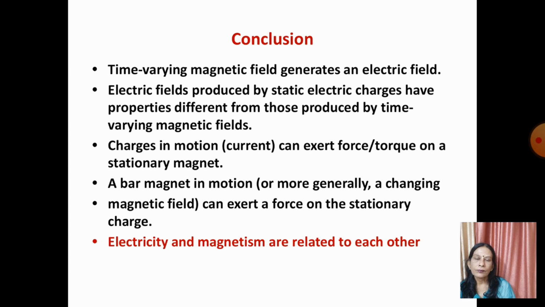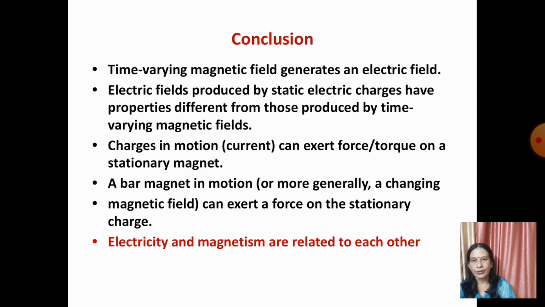So in all, we can conclude that electricity and magnetism are related to each other. The changing magnetic flux gives rise to an electric field. The changing electric field gives rise to a magnetic field. So electricity and magnetism are interrelated.